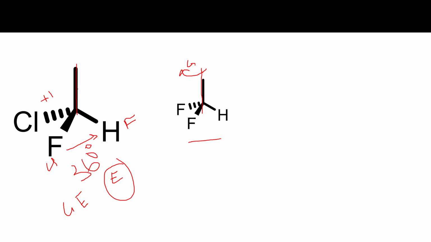So 180-degree rotation means this molecule has a C2 axis. Then if you cut this molecule from this side, we compare these two hydrogens as a pair. If you cut this pair, half will be on our side and half on their side, and if you place a mirror plane between these two, they will be mirror images of each other. So there will be one sigma plane present, right?